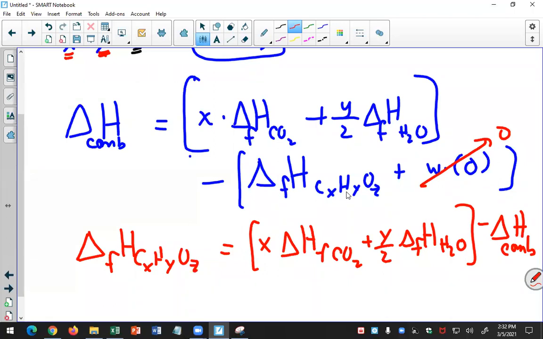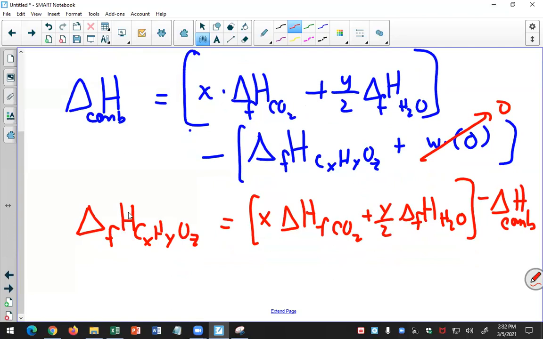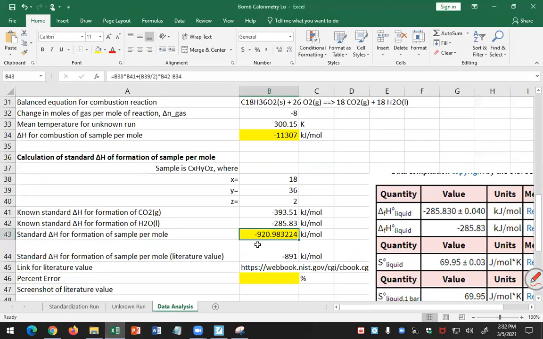So where do we solve for that? So down here, I just rearranged this equation in blue. I have the equation in red. Delta H formation of my unknown is x times delta H formation of CO2 plus y over 2 times delta H formation of water minus delta H of combustion. Which is what we put in your Excel sheet right here.